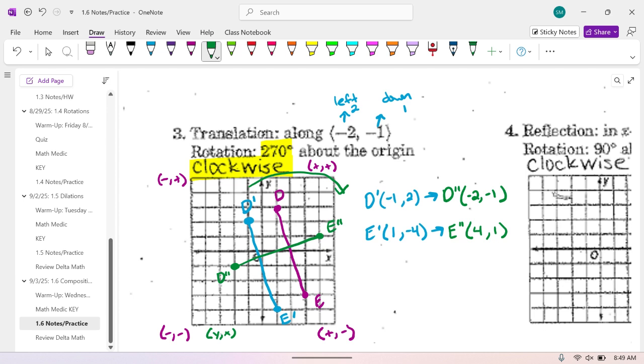And then those would be our new images. Any questions on performing just 2 different transformations on a figure?